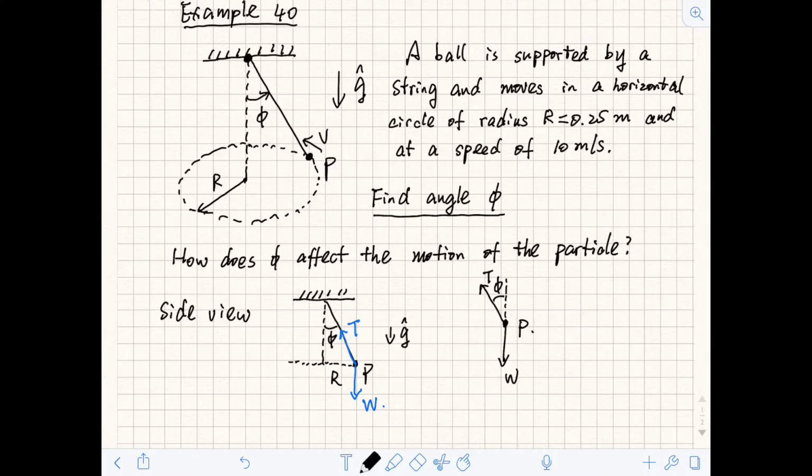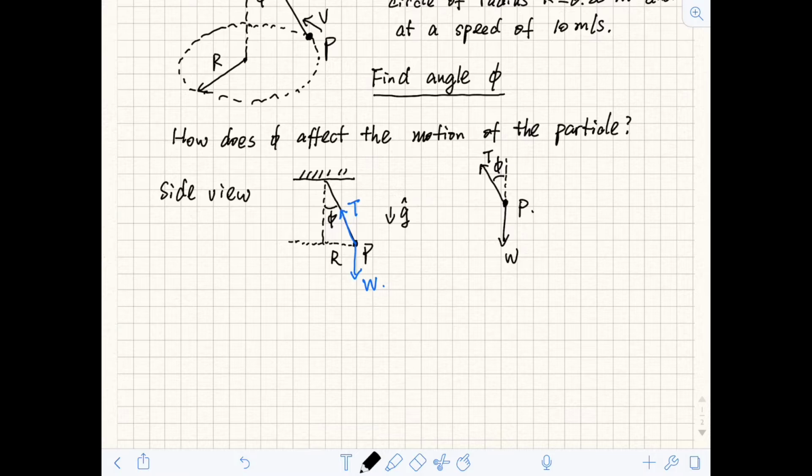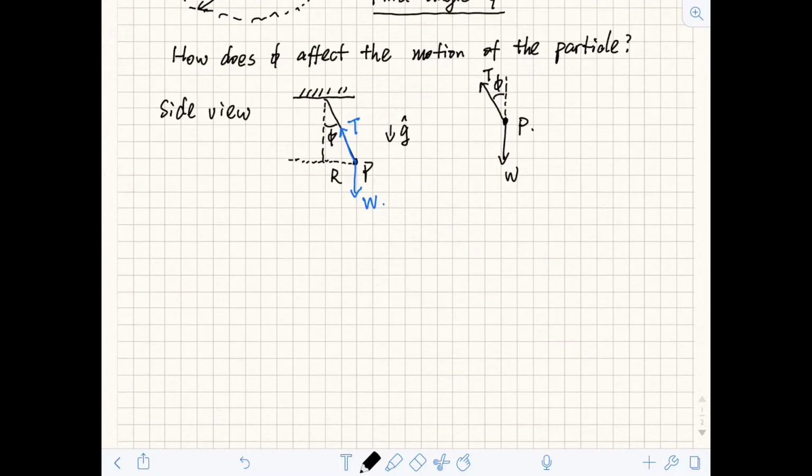But to solve this problem, we have to start by finding the acceleration of this ball. We know by Newton's second law that the sum of the forces is equal to mass times acceleration.